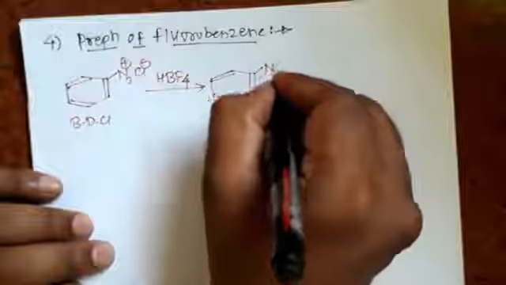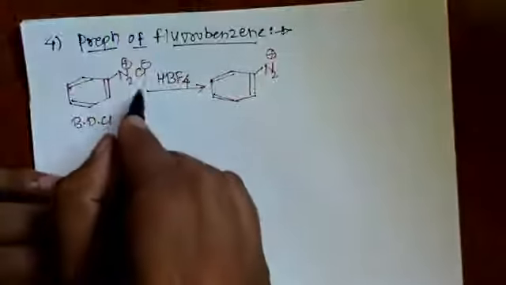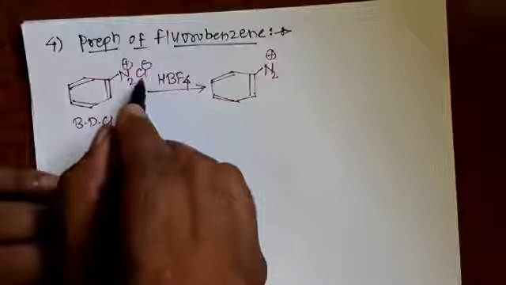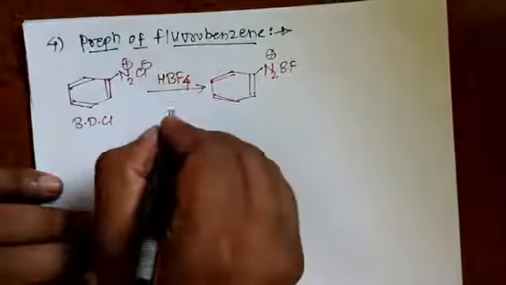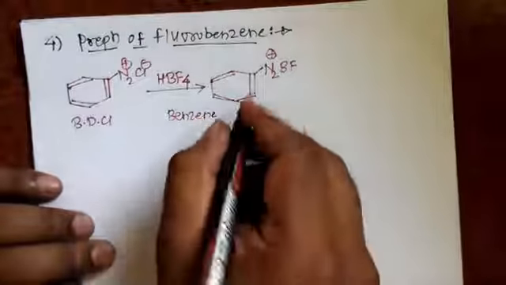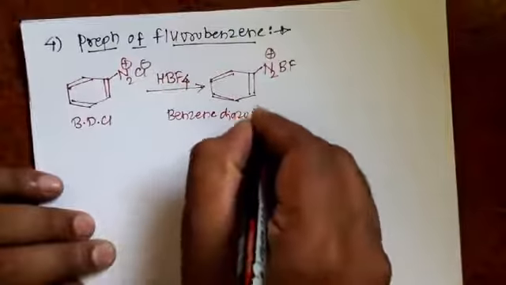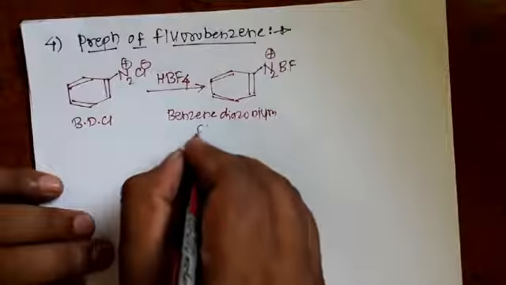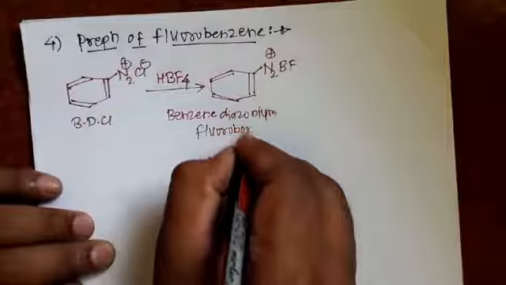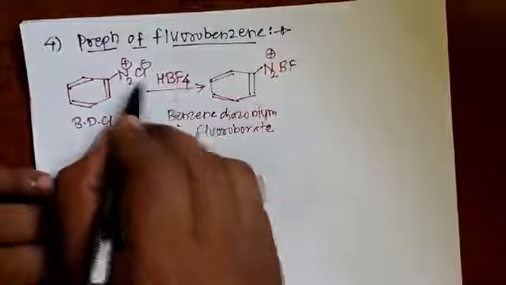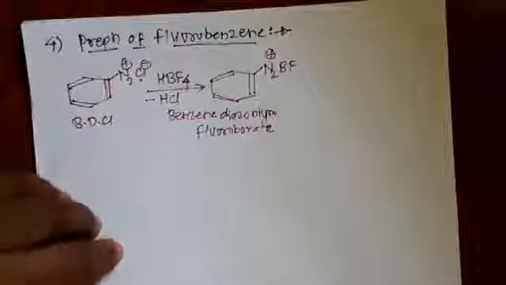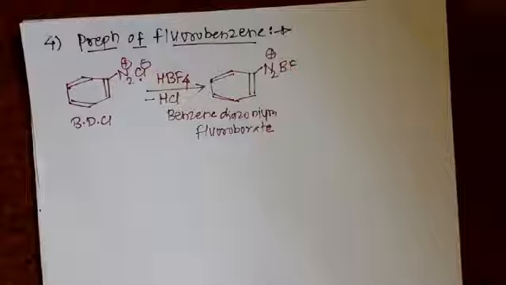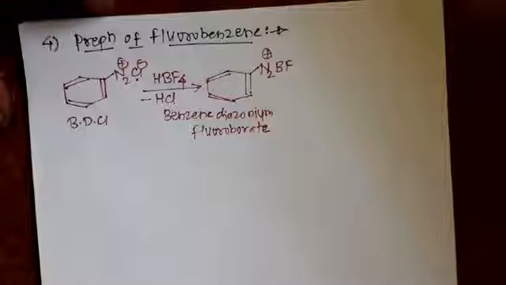It produces the salt by simple replacement of this Cl minus by BF4 minus. This BF4 replaces this Cl minus, and the HCl leaves as a byproduct from the reaction mixture.